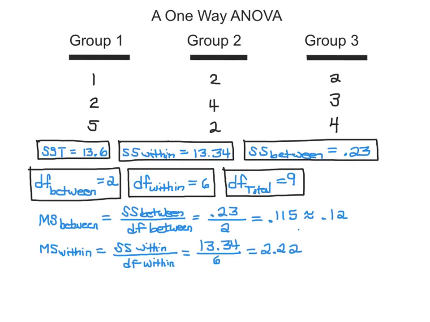So now we're going to calculate our F statistic, which is the mean squared or variance between divided by the mean squared or variance within. Well, we've calculated the mean square variance between, and it's 0.12.